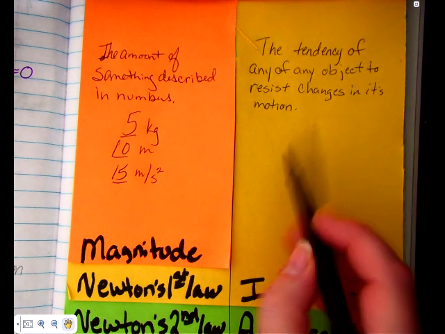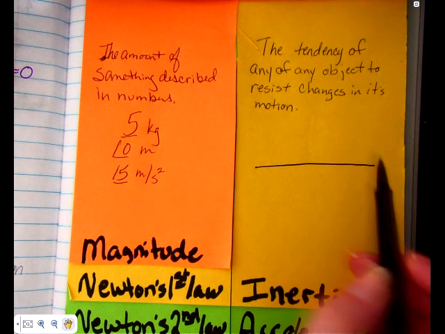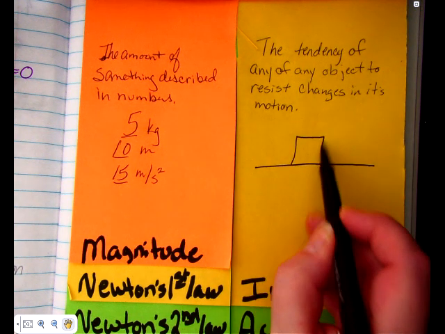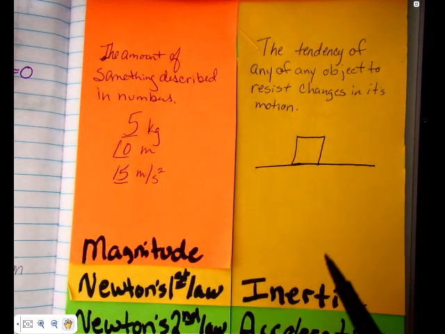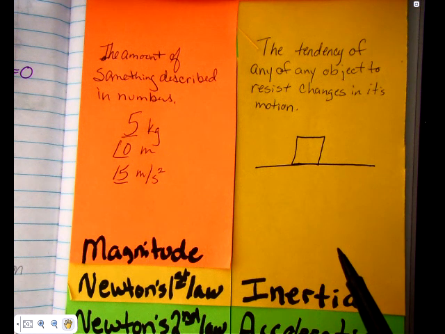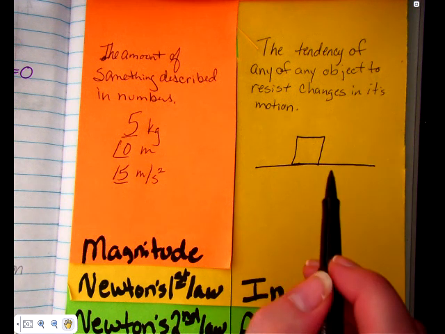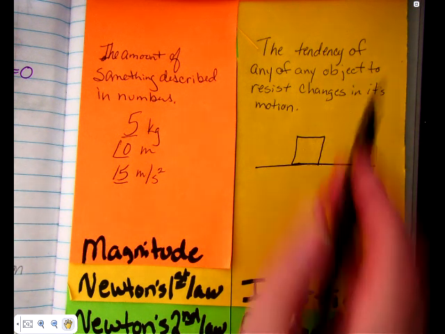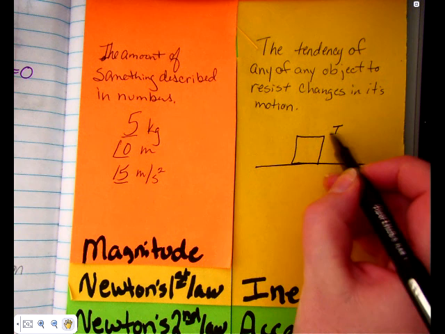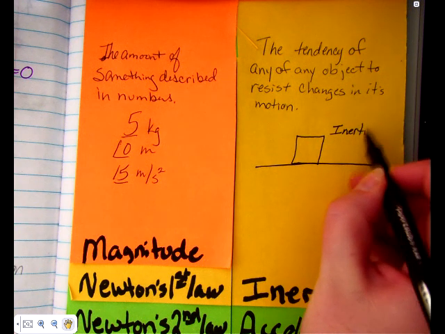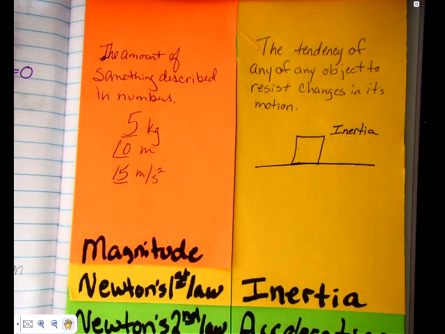But every object on a surface is going to stay on that surface and stay in that spot until an unbalanced force acts on it. And so we simply call that its inertia, its tendency to stay there unless you make it move.